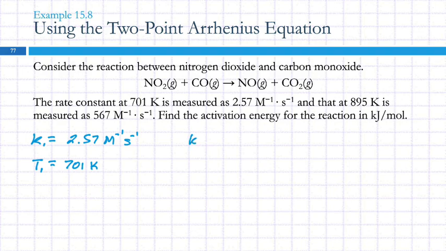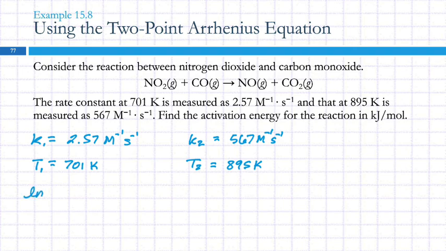And then there's K2 and T2 at 895 Kelvin. The rate constant is 567. And they want us to find the activation energy.